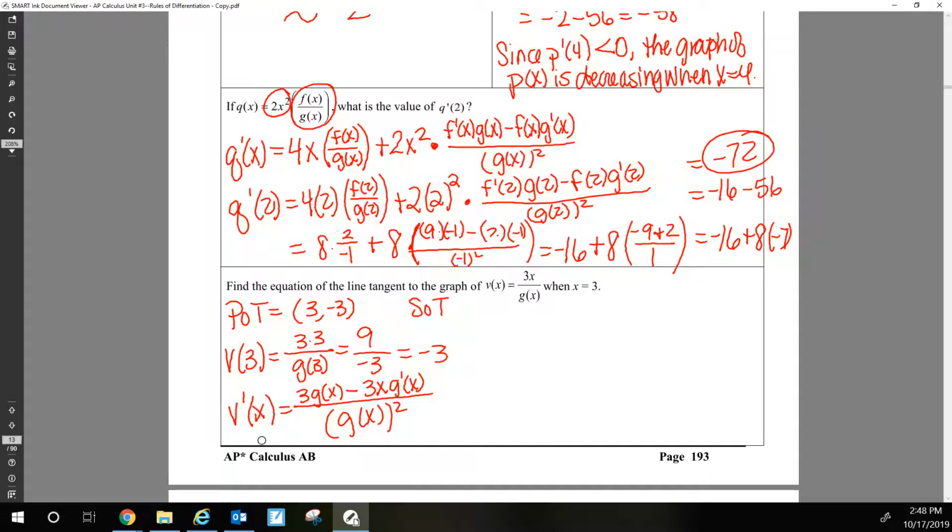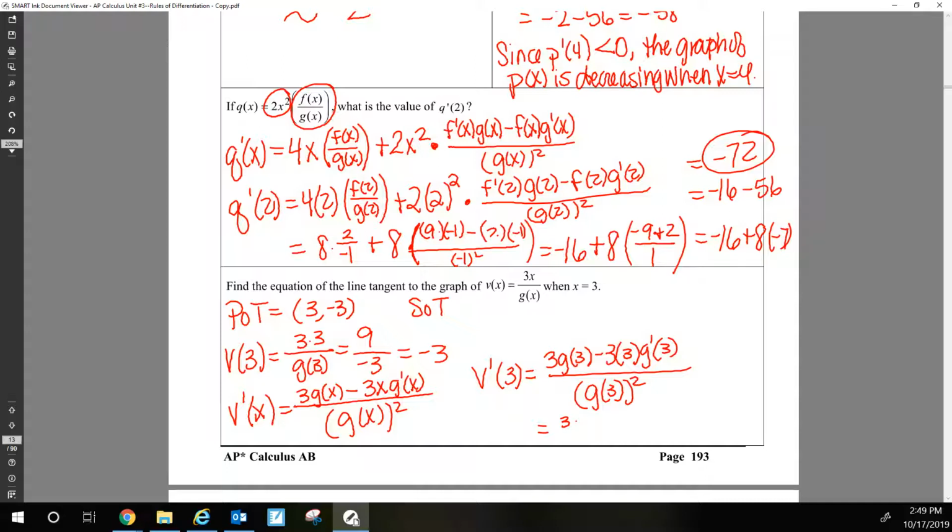And now we want to evaluate this guy at 3. So plugging in 3 for everything. So 3 times g of 3 minus 3 times 3 times the derivative of g of 3 all over g of 3 squared.